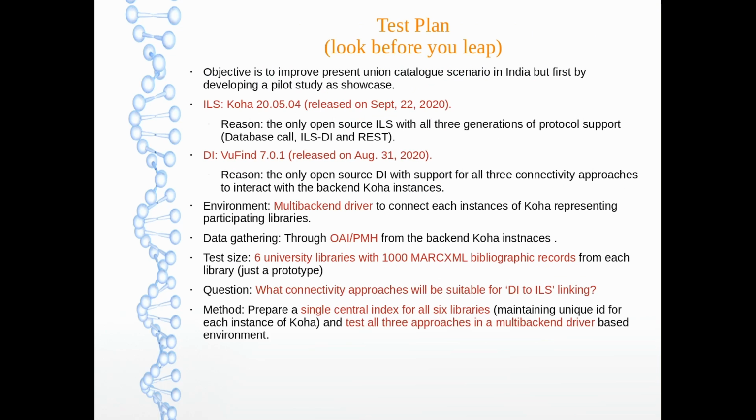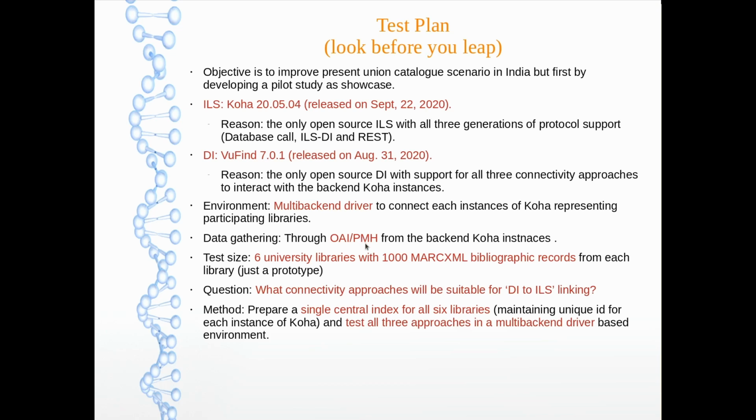So let us go to our test plan. We are going to develop the Union catalog based on Koha and VuFind integration. As ILS we are using Koha 20.05.04. As DI we are using VuFind 7.0.1, the latest release. The environment is multi-backend driver.